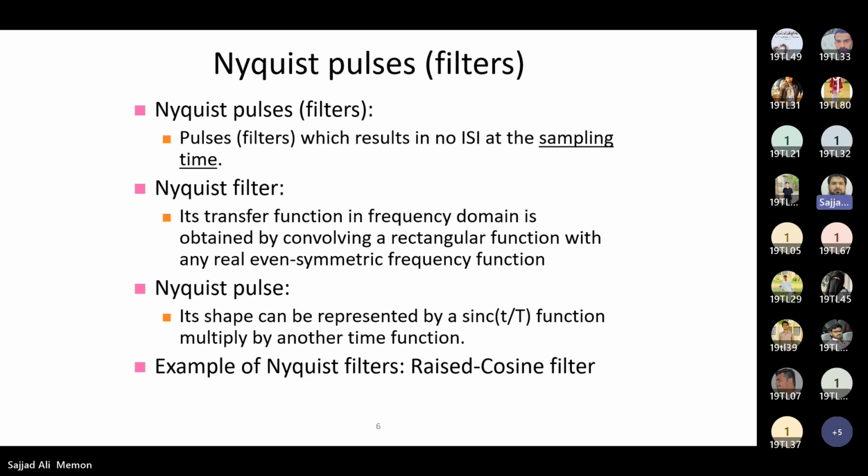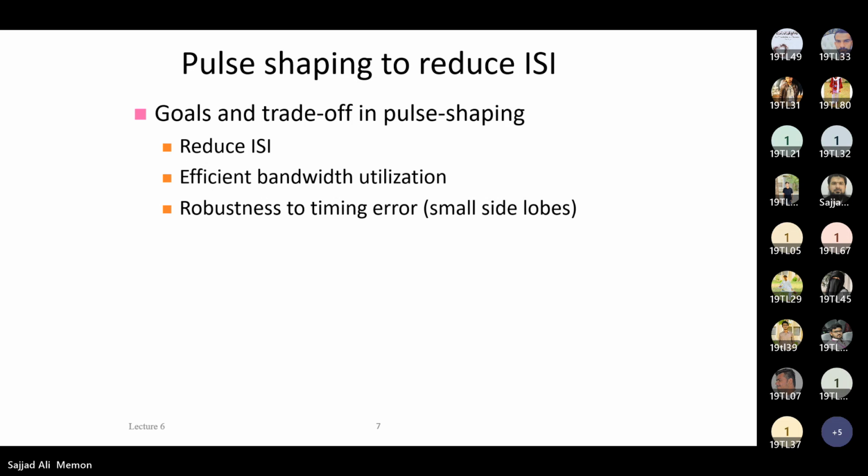A Nyquist filter's transfer function in the frequency domain is obtained by convolving a rectangular function with any real even symmetric frequency function. And the Nyquist pulse shape can be represented by a sinc function multiplied by another time function. An example of a Nyquist filter is the raised cosine filter. Pulse shaping to reduce inter-symbol interference.